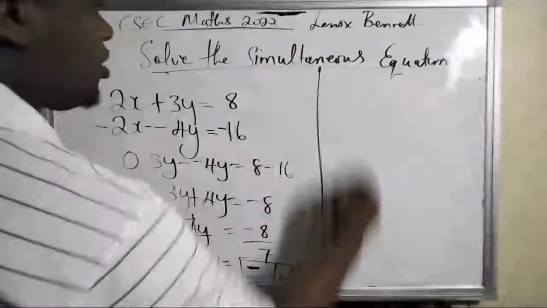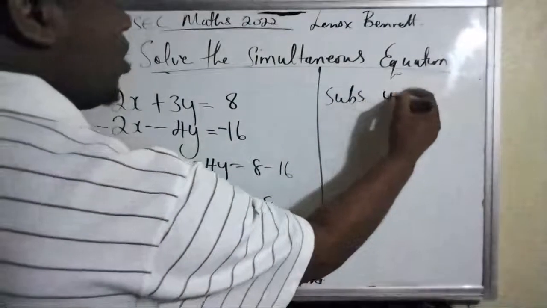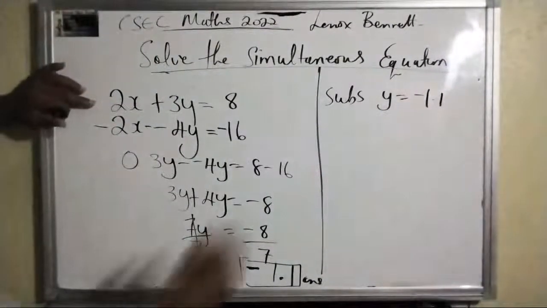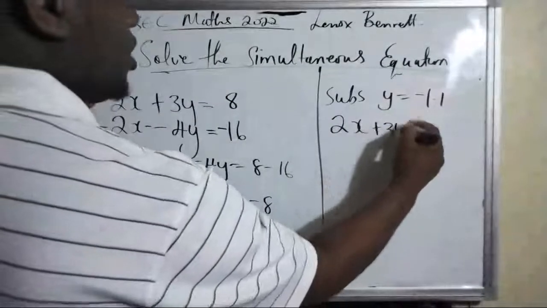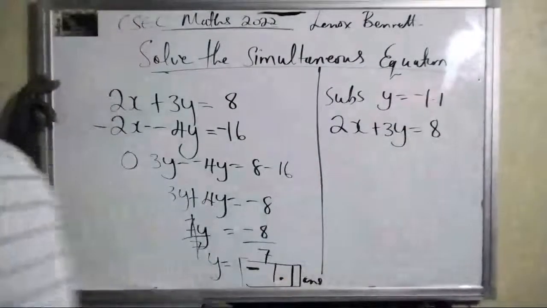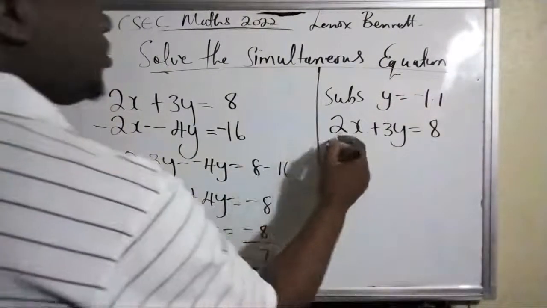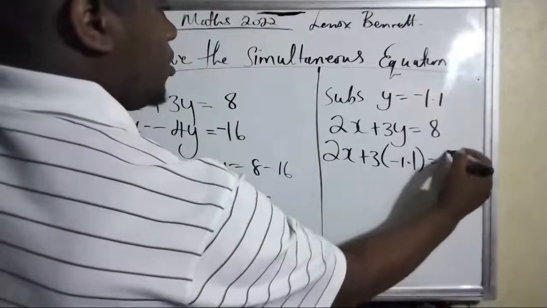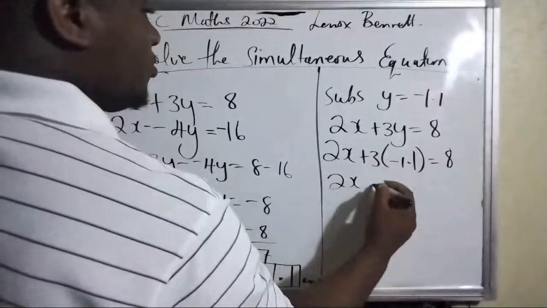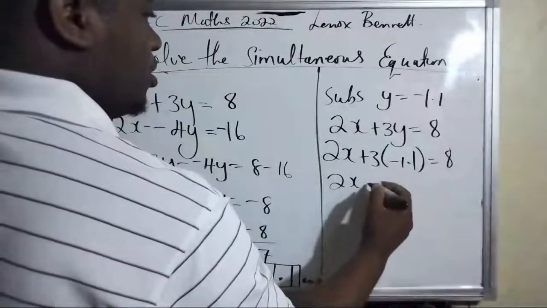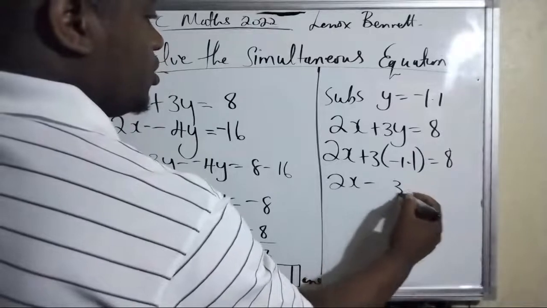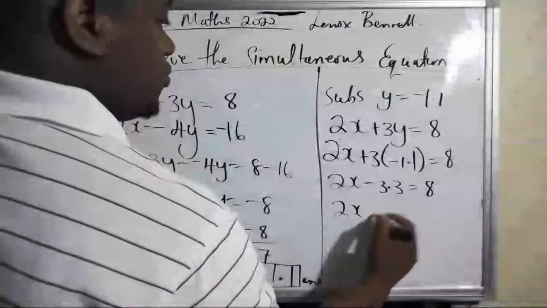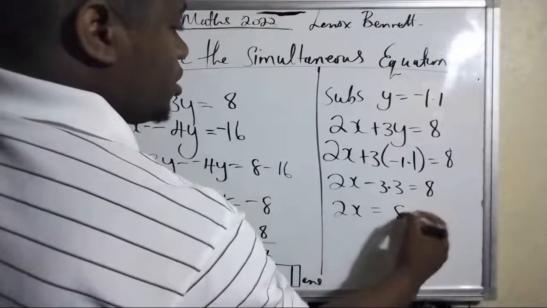So we can go ahead and substitute y equal negative 1.1 in any one of the equations. I'm going to use this one, which is 2x plus 3y equal to 8. And when we say y, we're going to put negative 1.1. 3 times that equals negative 3.3, right? So now, if we solve, we add this to both sides.